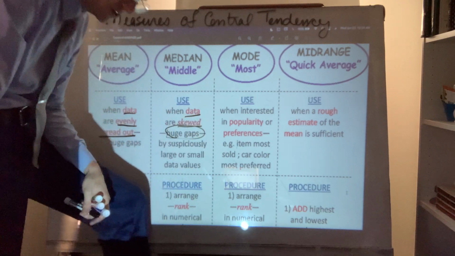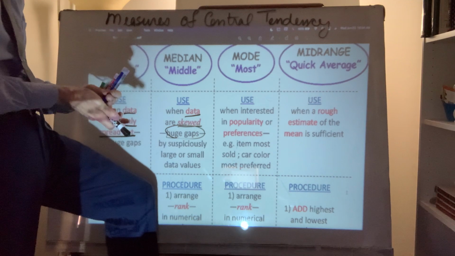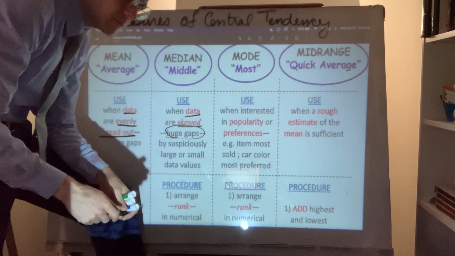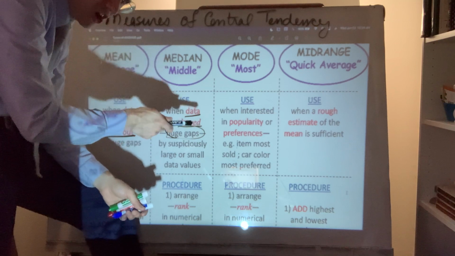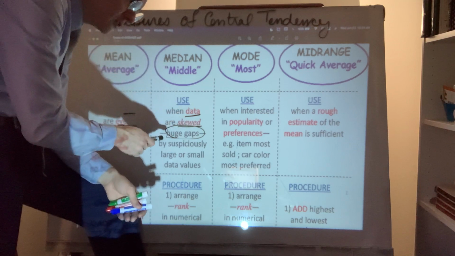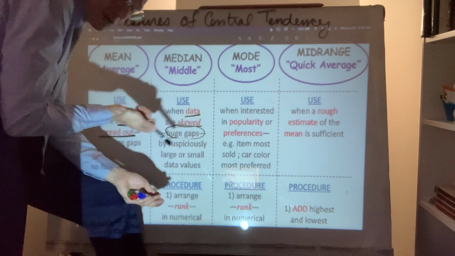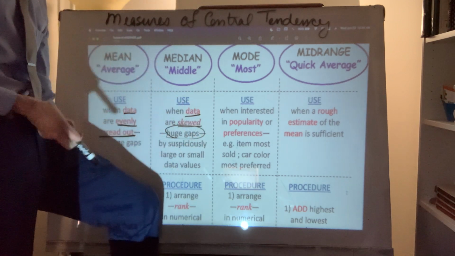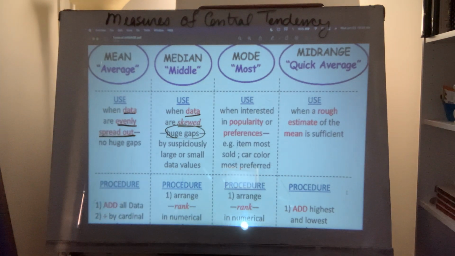Because then they will heavily stock that item, whatever it is. I don't know if this is true or not, but perhaps Americans like red cars more than any other color car. So if you're going to sell a car, right, if you're going to manufacture a car, you'd probably make a lot of them red, and not so many in chartreuse, what have you.